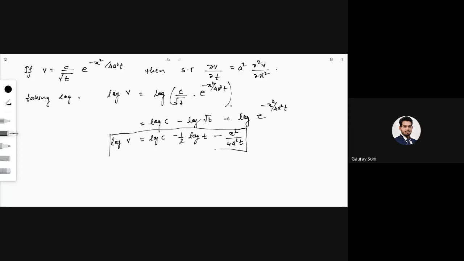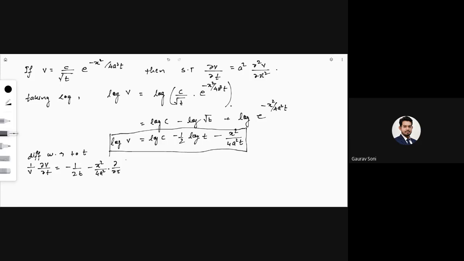So first of all, let's find out the left hand side, differentiating with respect to t. So log v will be 1 upon v, partial derivative of v with respect to t is equal to log t is 1 by t, so this is minus 1 upon 2t. This will be minus x square upon 4a square being constant will come outside.